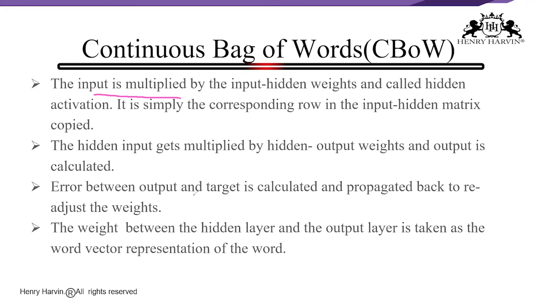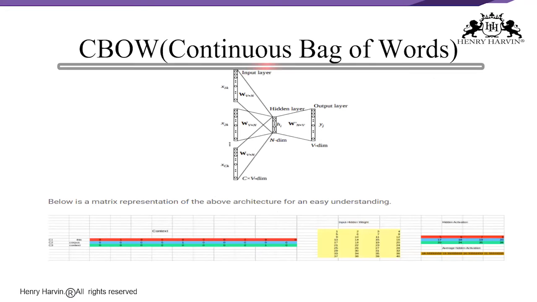The error between output and target is calculated and propagated back. We know about backpropagation. The weights between the hidden layer and the output layer are taken as the word vector representation of the word. This is for a single context word.